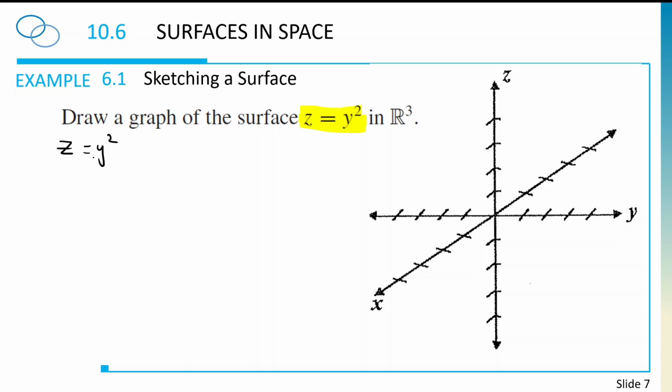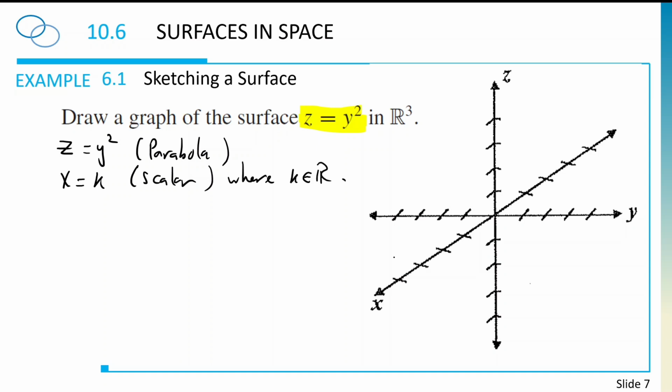And this is basically a parabola. And this parabola is moving along the missing axis, which is the x-axis. So I have the line as x equals k, which is a scalar, where k could be any real number.